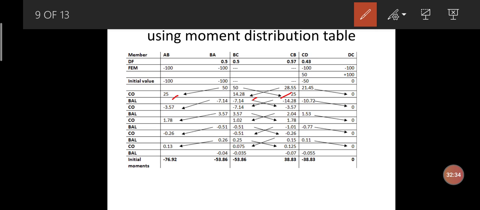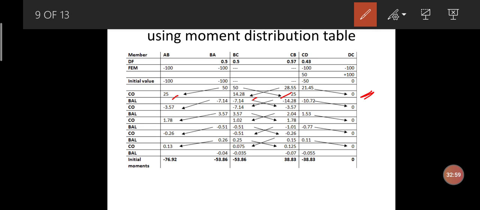And since DC is the member where D is the hinged support, there is no carryover, so it should be 0 as it is. Next I need to again balance this for the joint members by taking the opposite sign conventions, and then carry over for the next step.